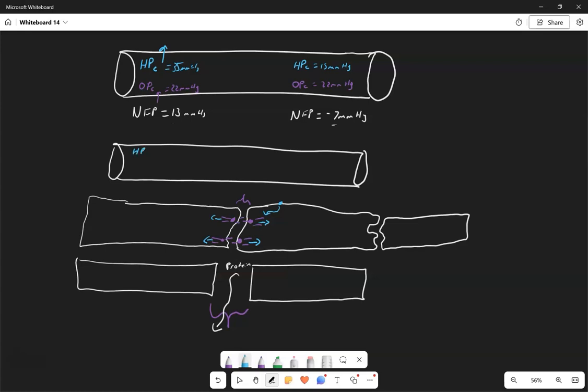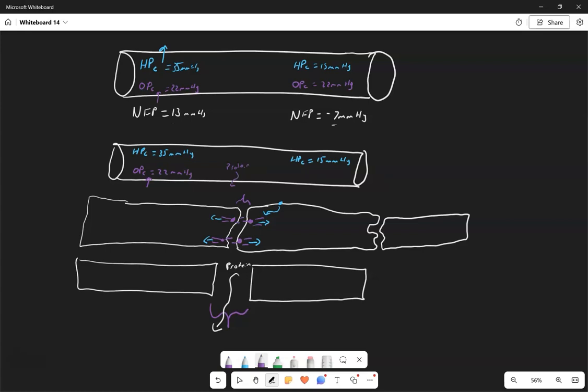So if we look at this now, under new conditions, our hydrostatic pressure down here is going to equal 35 millimeters of mercury, and our osmotic pressure is going to stay the same at 22 millimeters of mercury. And remember, this is inward, driven by proteins. So when we get down here to the venous end, our hydrostatic pressure is still going to equal about 15 millimeters of mercury. But now we've taken some of that protein and we have moved it out of that capillary.